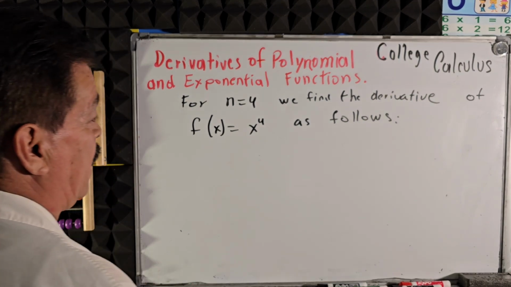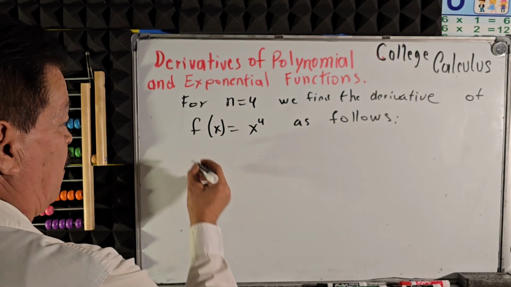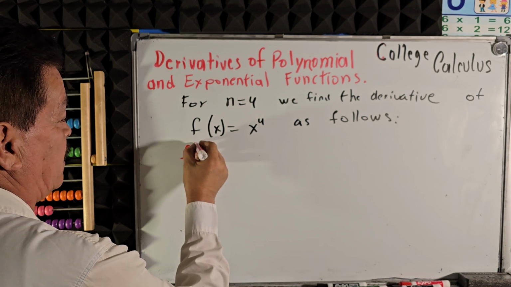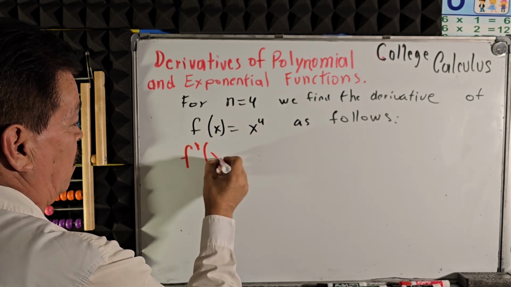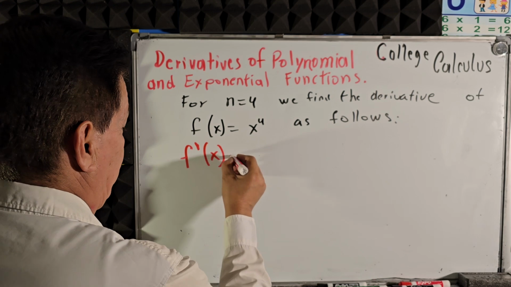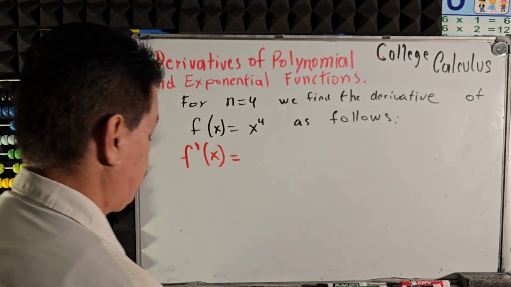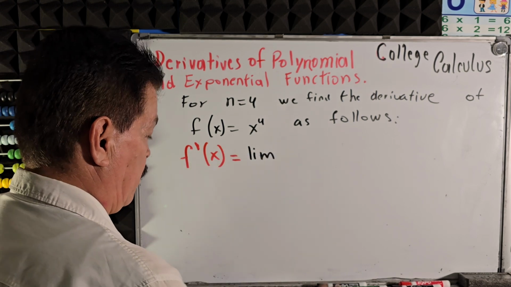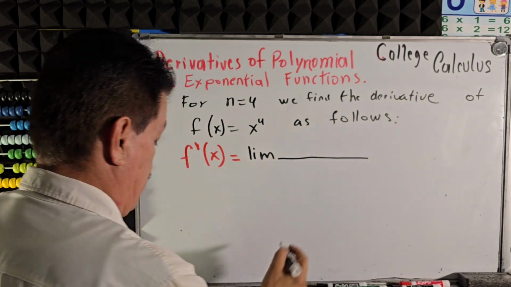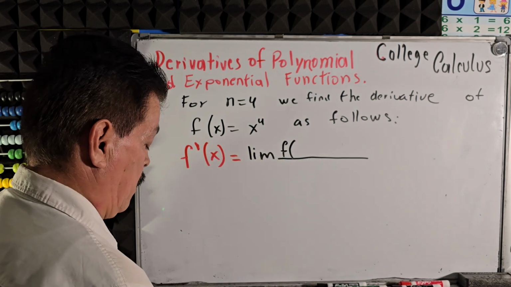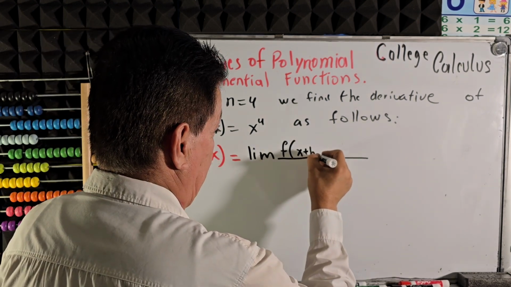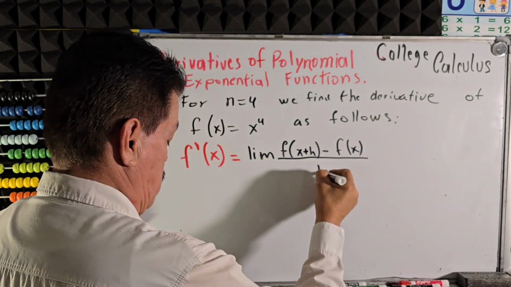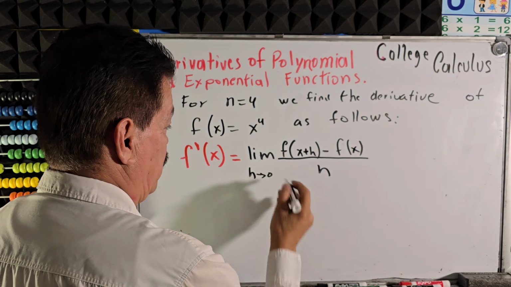Let me use another color here. We write f prime, the derivative of x, equals the limit of f of x plus h minus f of x, divided by h, when h approaches 0.